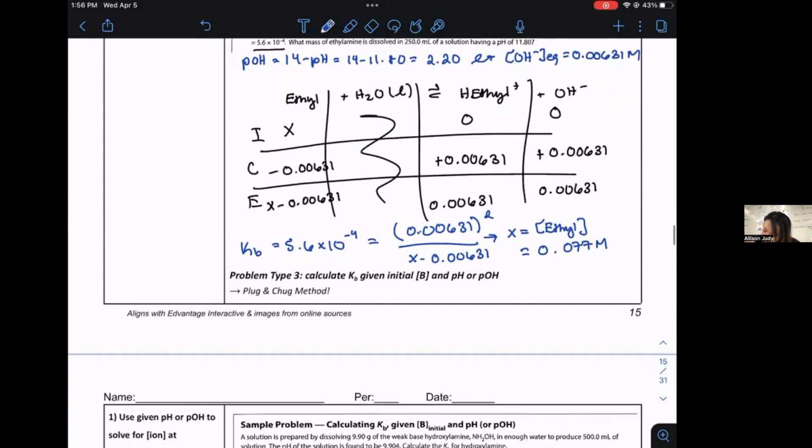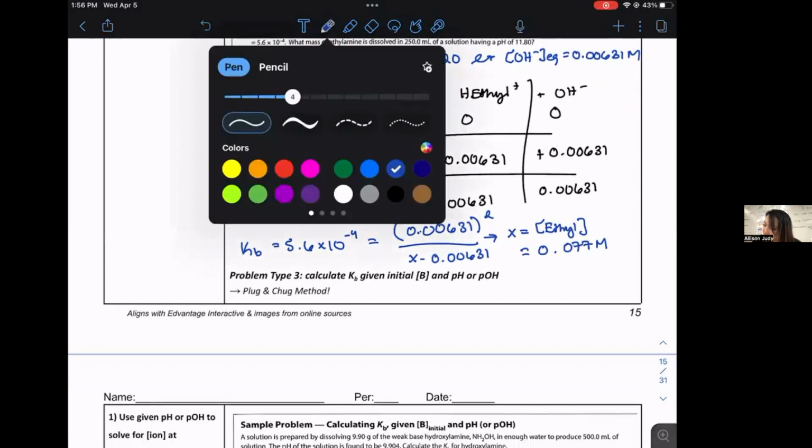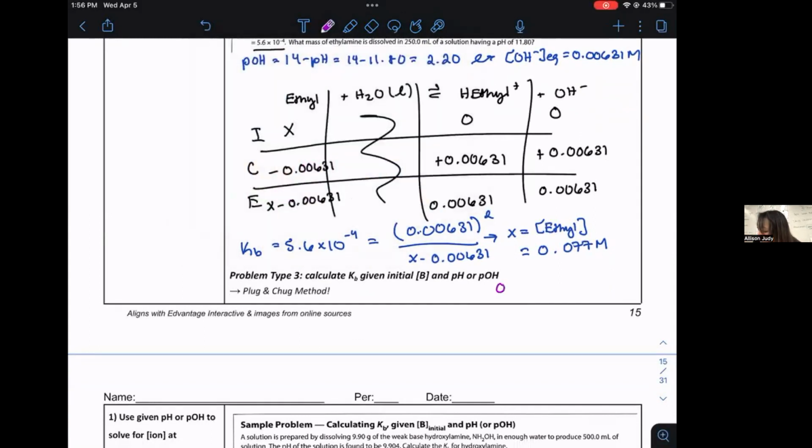Now, I think it asked you actually what was the mass. So what you got to do is go from the molar concentration to moles to mass. So what you're told is you originally had 0.077 molarity. You were told this was in a solution of 250 milliliters, so times 0.250 liters. So if you wanted to stop it, what you could do is set it equal, say X moles is equal to 0.250 liters, and that would give you some amount in moles.